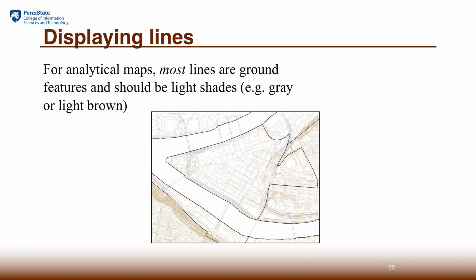So let's talk about line visualization. We often have to visualize, for example, streets and roads and different kinds of water channels, rivers, and valleys, etc. These are treated as lines.